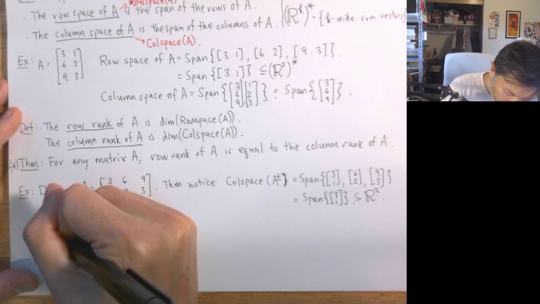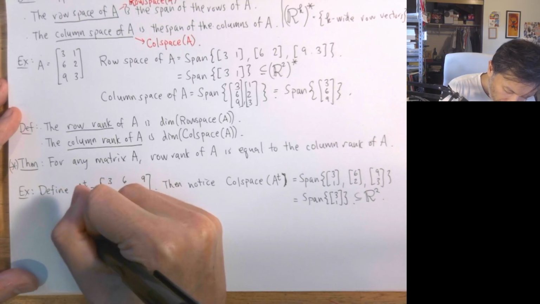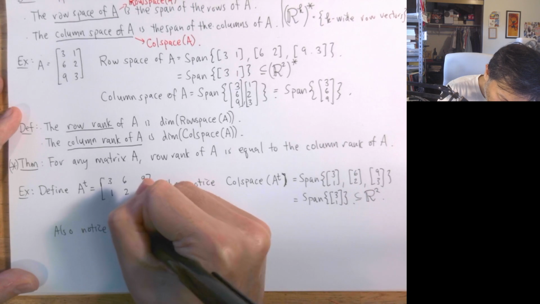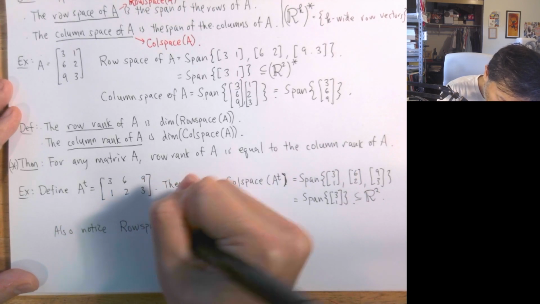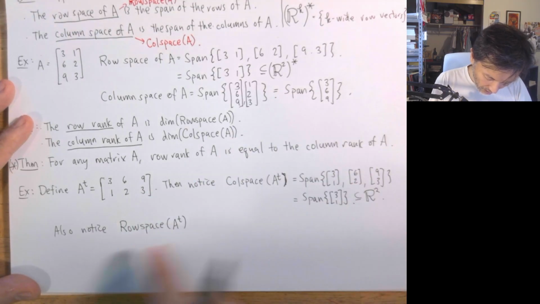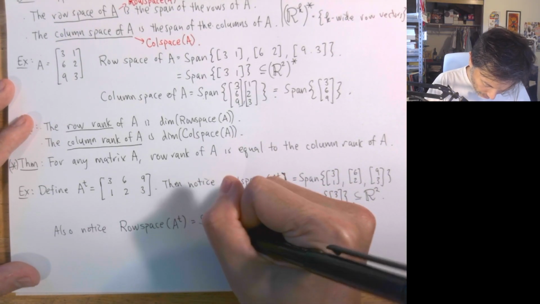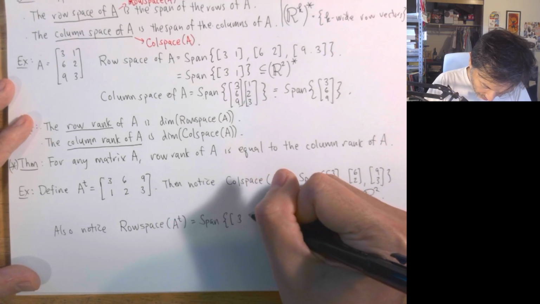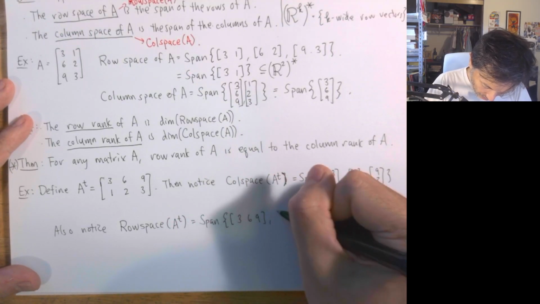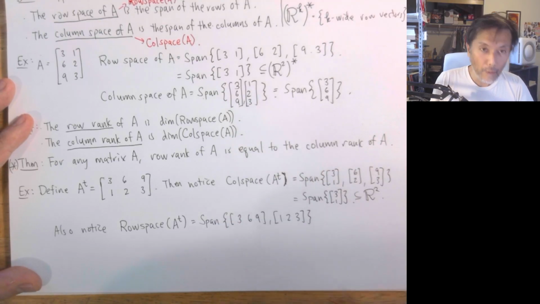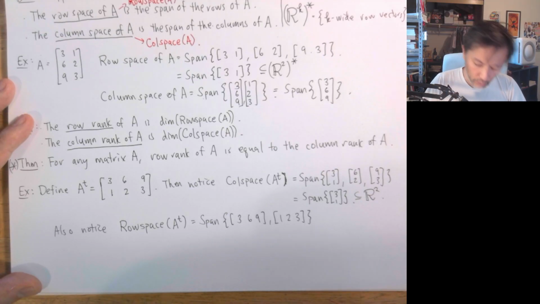And also notice that the row space of A transpose is the span of the two rows 3, 6, 9, and 1, 2, 3. And again, we don't need both of these. One will do.